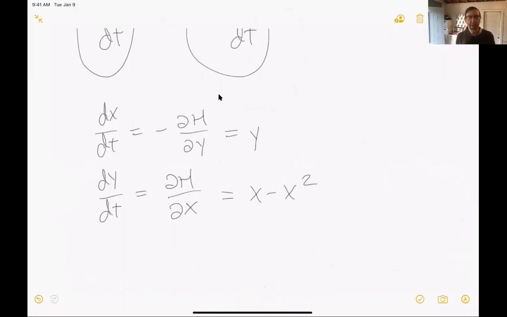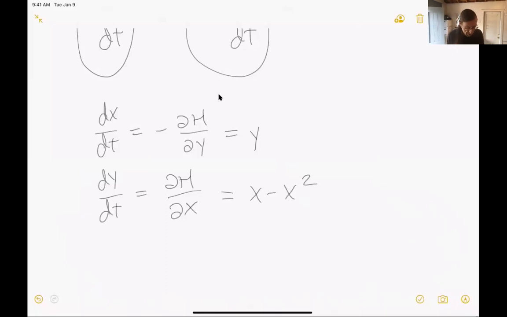If there's a Hamiltonian function, if there's one of these h functions, then we know that its negative partial with respect to y is y, and its partial with respect to x is x minus x squared. So let's work backwards now. Let's see how they got that h function to begin with.